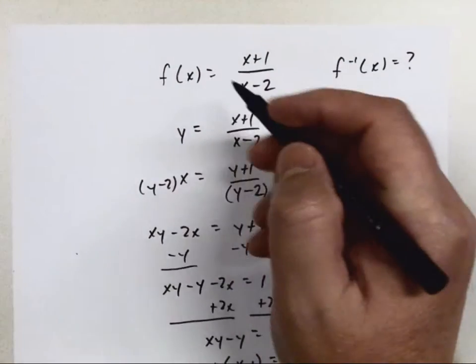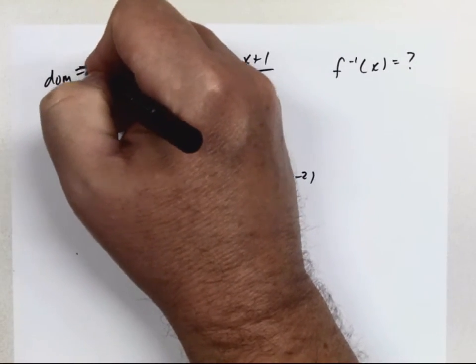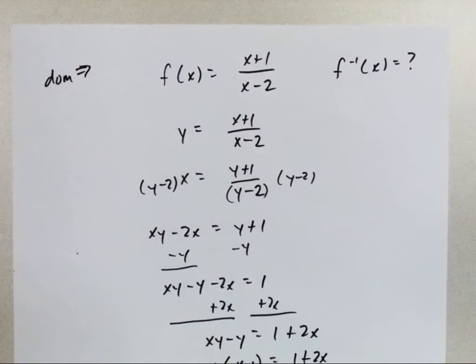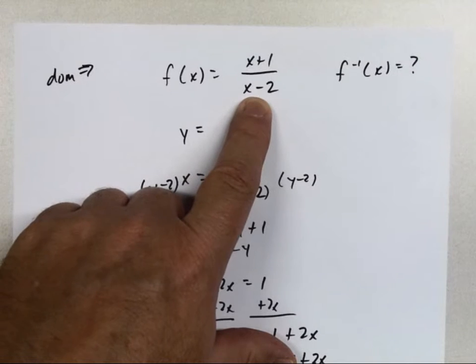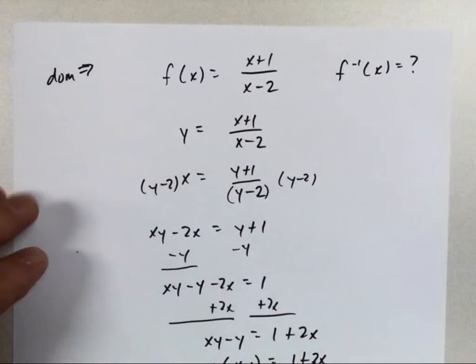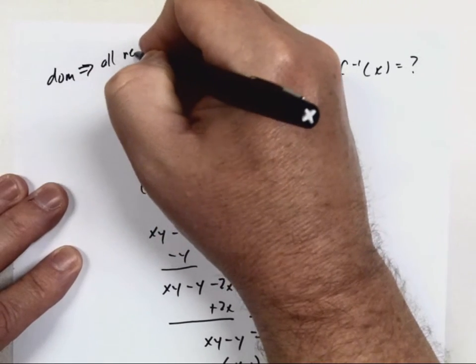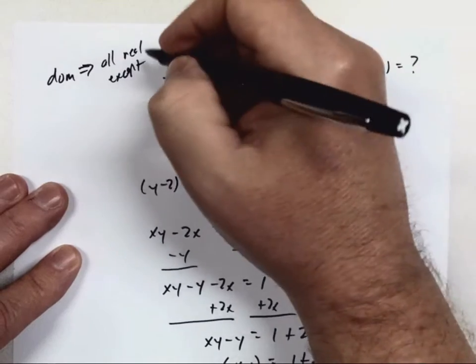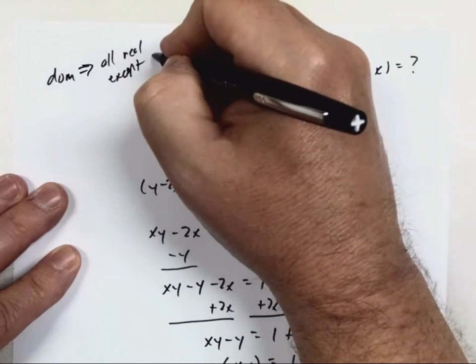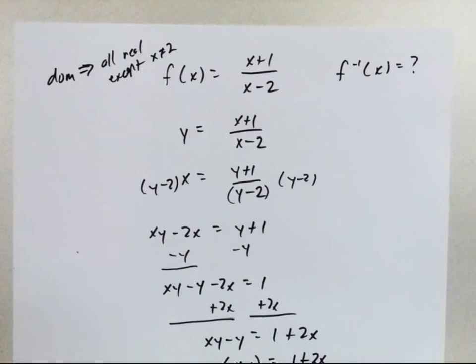So, to start out here, what would the domain be of this function? Well, in this case, the only thing I have to worry about is I can never let the denominator be 0. So the domain is all real except x cannot equal 2.